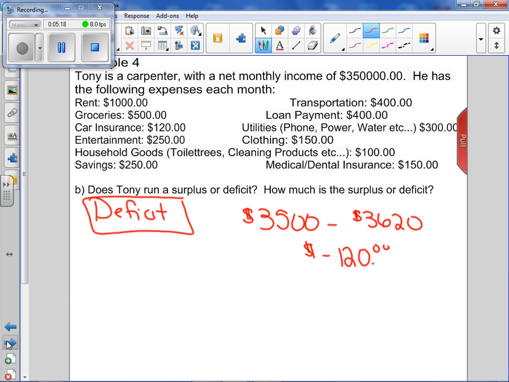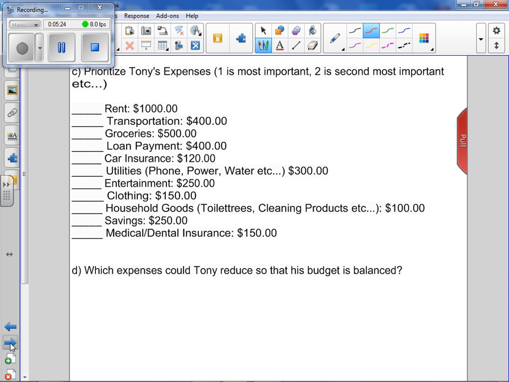What does that mean now? It means that we need to look through the expenses and figure out which ones are important and which ones aren't. The first thing I'm going to do is go through and mark the ones that I need to keep at that amount. It's not going to be changeable. There's no way I can change the rent. I need to pay the loan. I probably need to pay my car insurance.